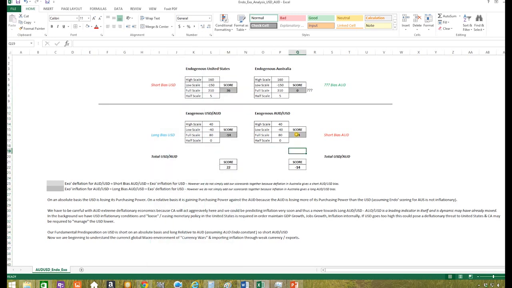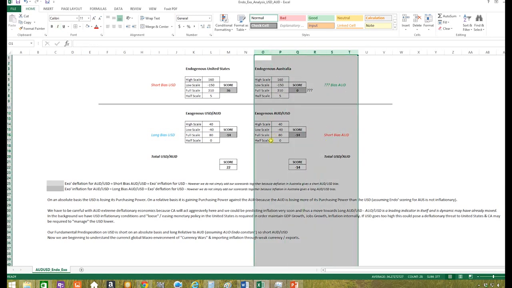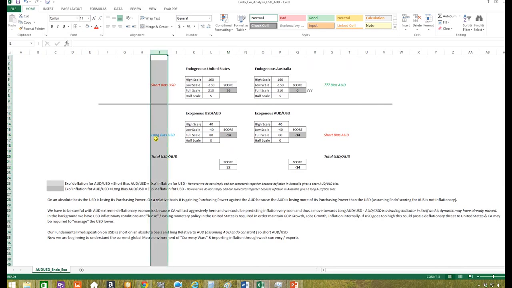Well, the negative contribution scorecards across the same for the US dollar, because if we have a short bias in the Aussie dollar on this side, we have a long bias in the US dollar on this side, because with the dynamic relativity principle, you can't sell Aussie dollar without buying US dollar if you actually sell the Aussie dollar US dollar exchange rate. So we have a long bias on this side if we have a short bias on this side.